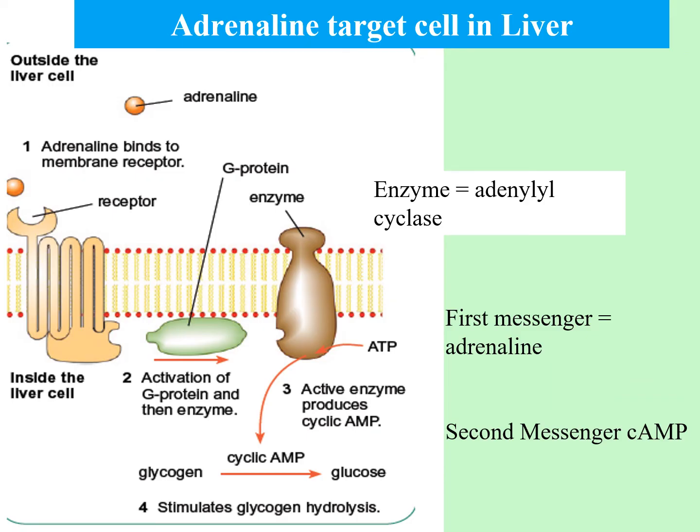So what is actually happening here? Well, you can see this is what happens, and this links back to the hormone lesson on first and second messengers. The adrenaline comes in and binds to the receptor on the liver cell surface membrane. That then activates something called a G protein, though you don't particularly need to know the name G protein.